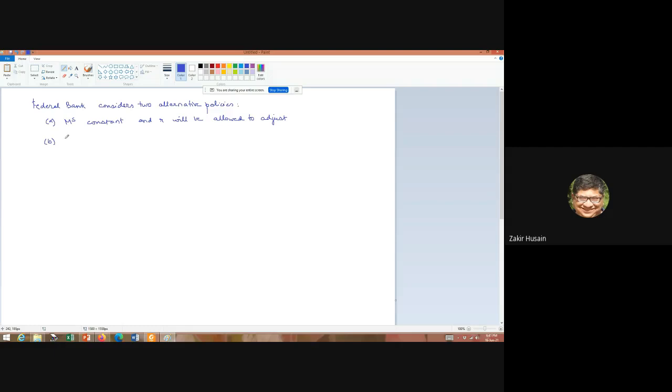The other policy is that they are going to adjust money supply so that R is constant. That means depending on whether the rate of interest is going up or coming down, they are going to change the money supply.